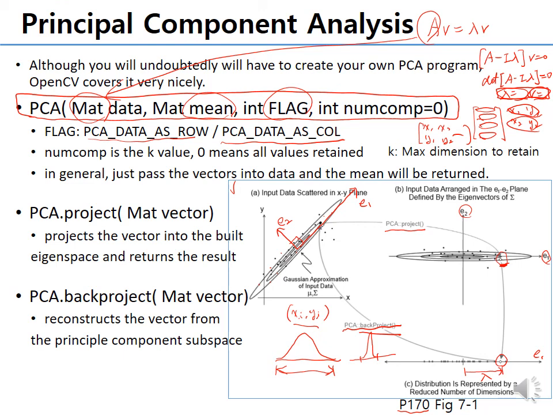And the num comp is the k value. K value means the maximum dimension to retain. If your data has a very big dimension, for example 5 dimensions, you can take only 3 out of that 5. Then you can select the maximum dimension to retain.